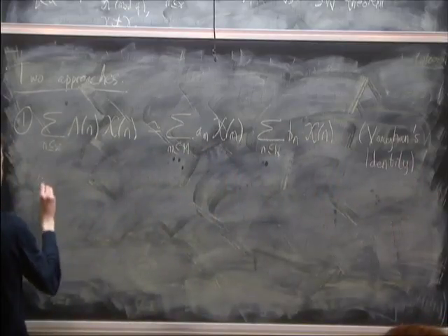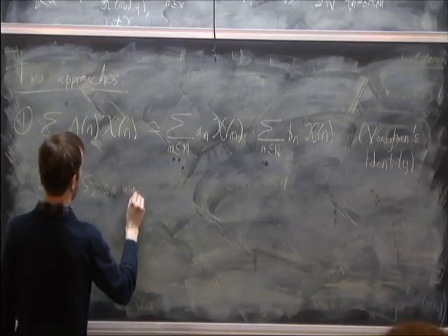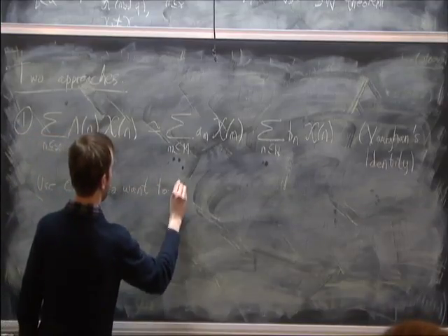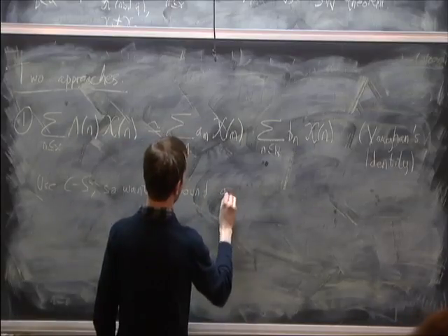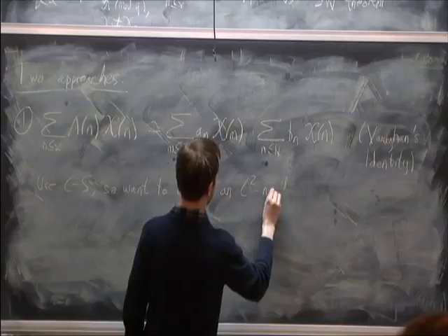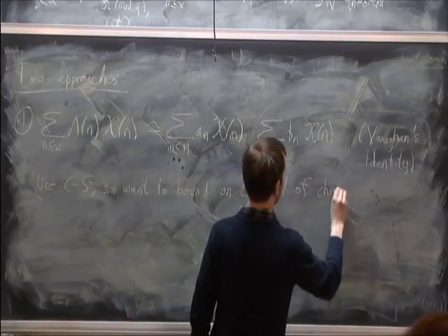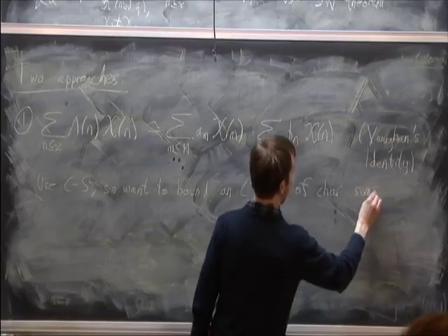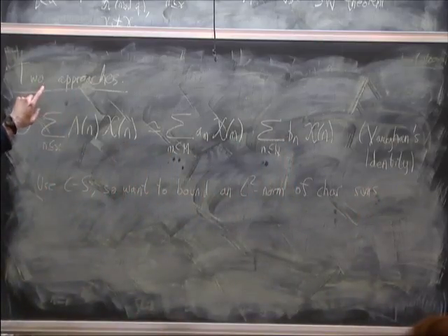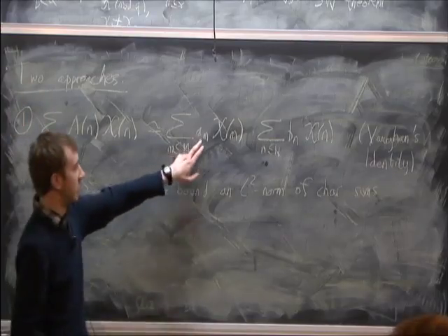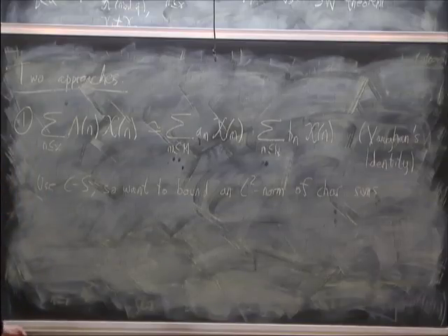And then I use Cauchy-Schwarz. So I want to bound sort of an L2 norm of character sums. And I want to do this on average over the characters and the moduli, but maybe with some slightly crazy coefficients a_m and b_n inside.